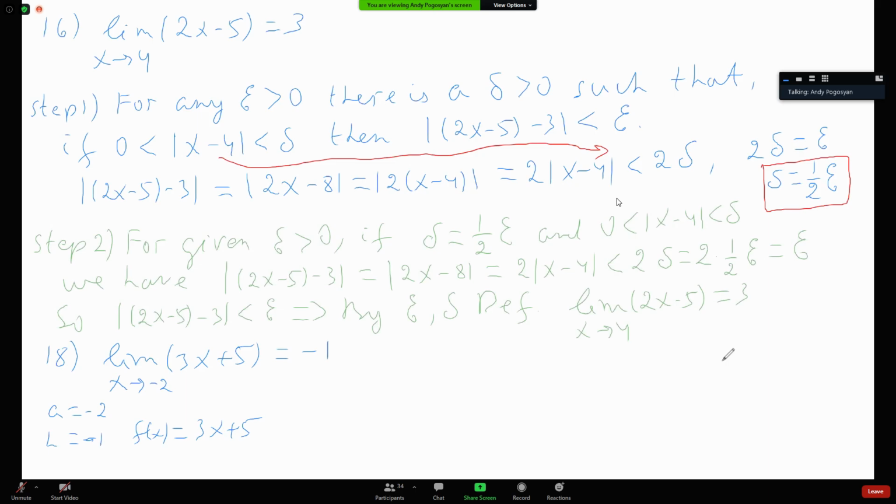There is a delta such that, so write the first sentence. So this part should be changed.